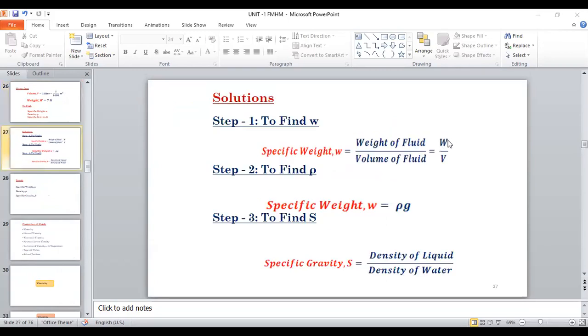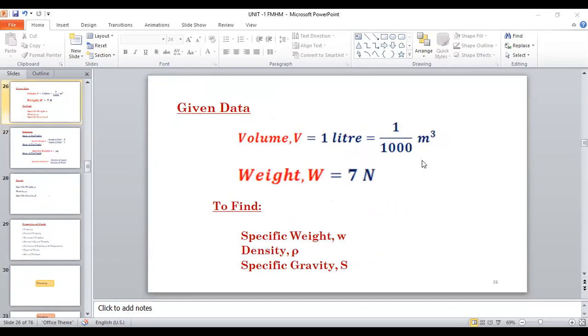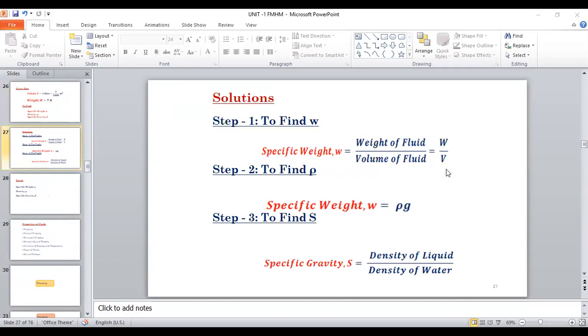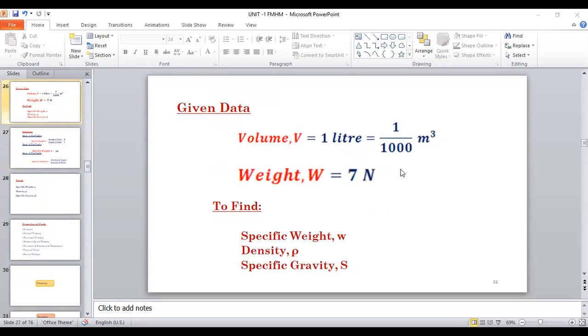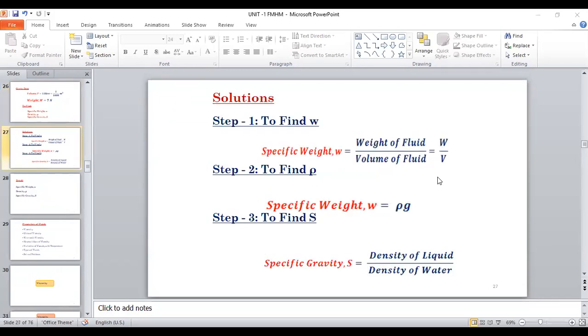So weight 7 divided by 1 by 1000 gives specific weight as 7000. Please write down 7000. The unit of specific weight is Newton per meter cube. So 7000 Newton per meter cube is the specific weight of the fluid.